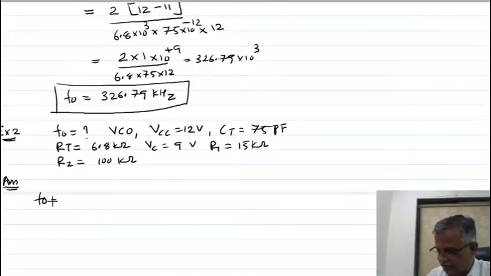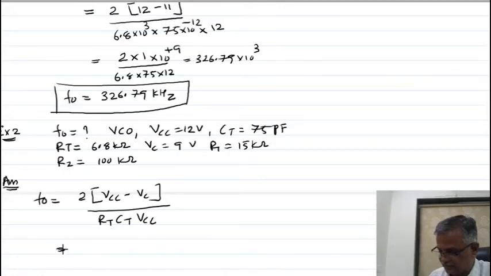You know the formula, FO is equal to 2 into VCC minus VC upon RT CT VCC.